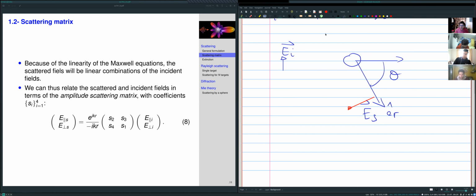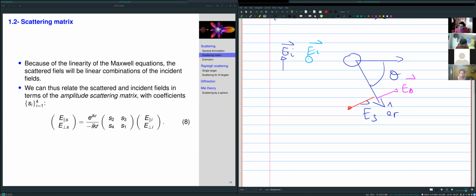And now suppose that we have another incident field. So this would be one, and we have another one coming towards us. This is another incident field, and it will also be deflected by this angle theta, and so that's going to correspond to some other scattered field.